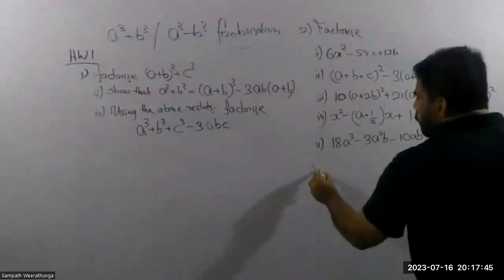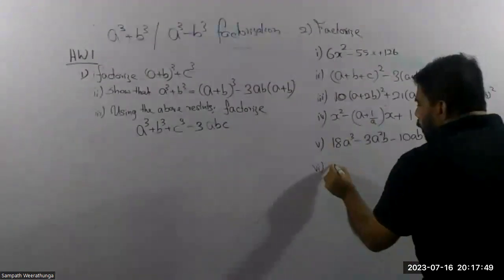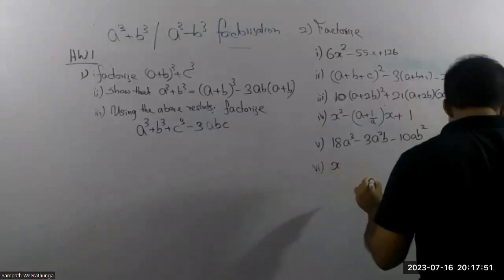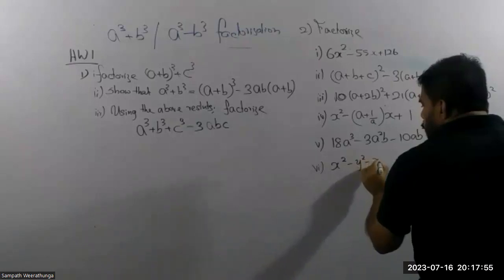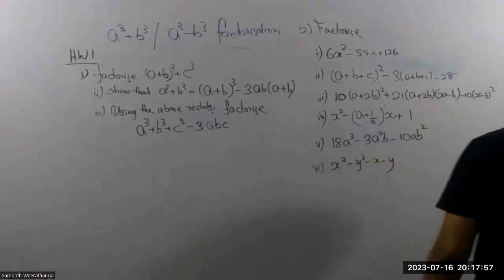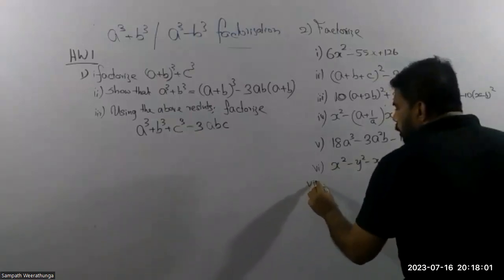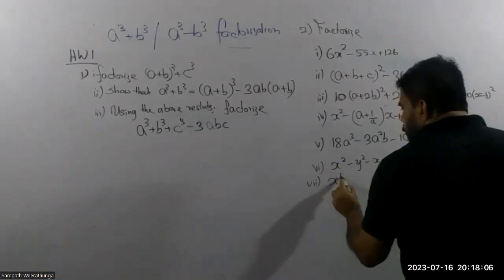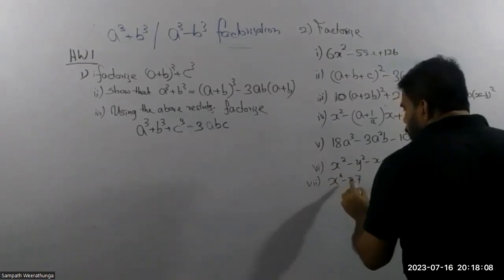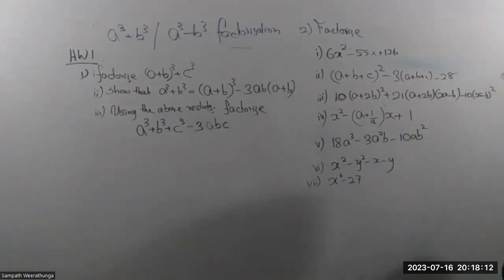Then 6, x squared minus y squared minus x minus y. Then 7, x to the 6 minus 27.